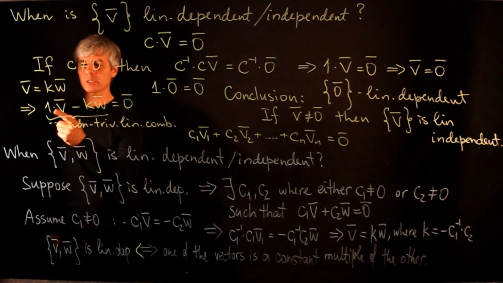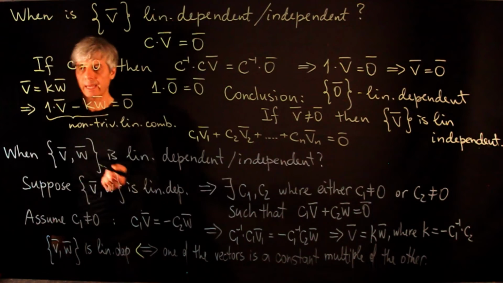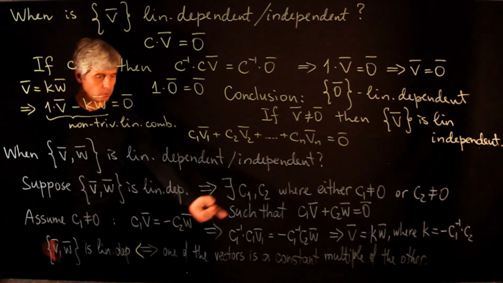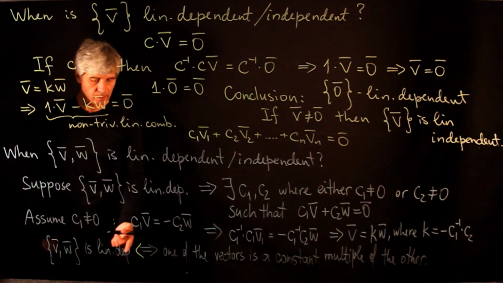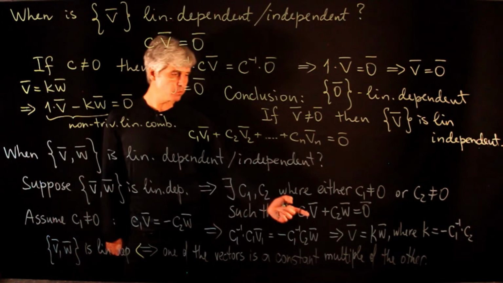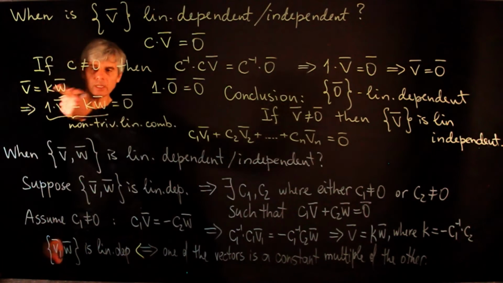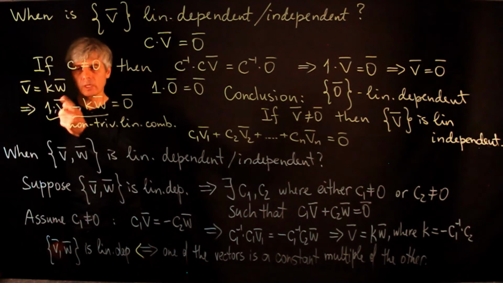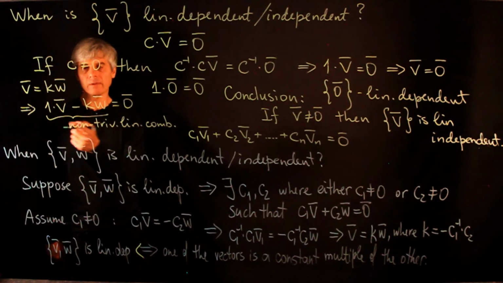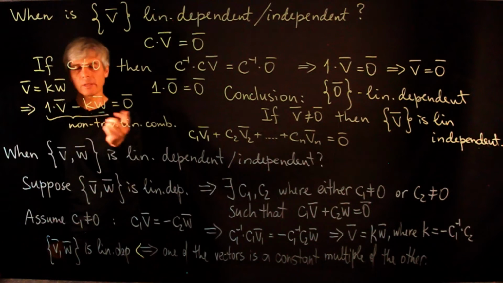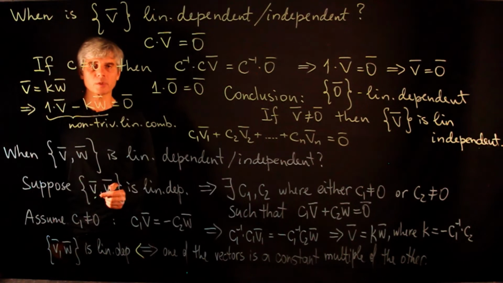It's non-trivial because the first coefficient here is equal to 1, so it's non-zero. Right? And so what this shows is that, well, if this set is linearly dependent, then one of the vectors is a multiple of the other. And here we see the converse. So if one of the vectors is a multiple of another, then there exists a non-trivial linear combination of these two vectors, which is equal to the zero vector.